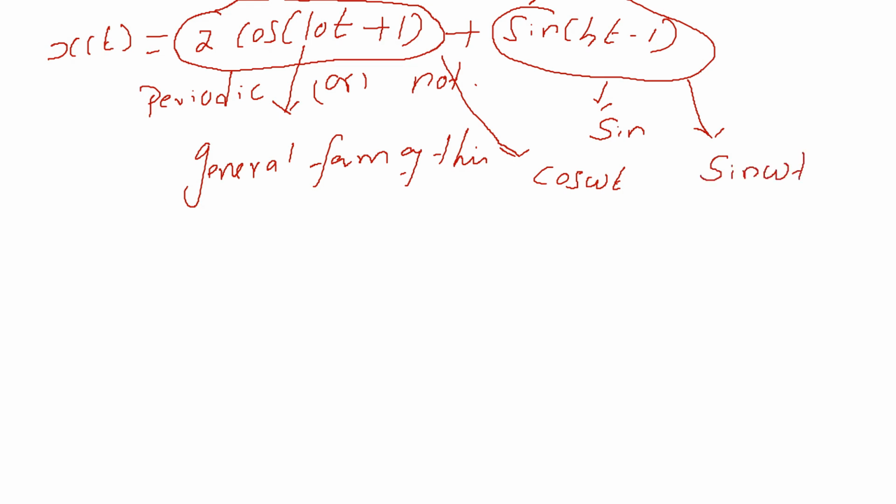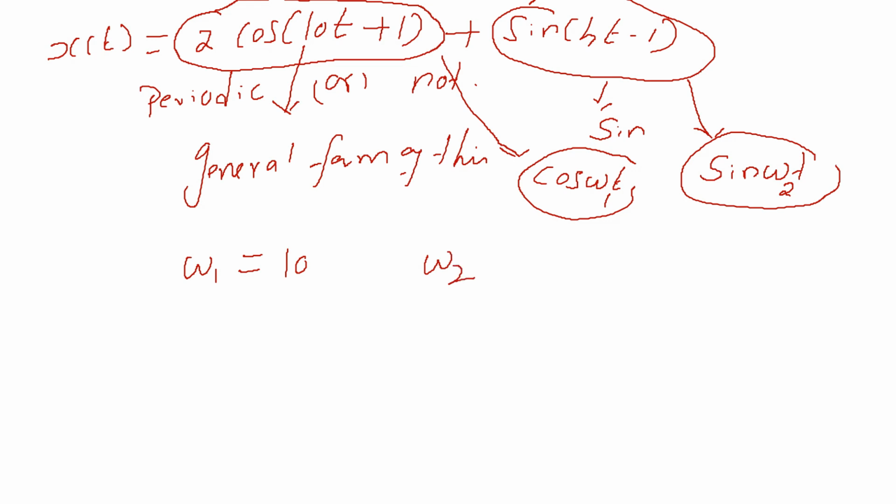So this we know already. Since we know the general structure, we can easily equate and find the value of omega. Let us call this omega 1 and this omega 2, just to differentiate. Omega 1 is equal to 10, and omega 2 is equal to 4.